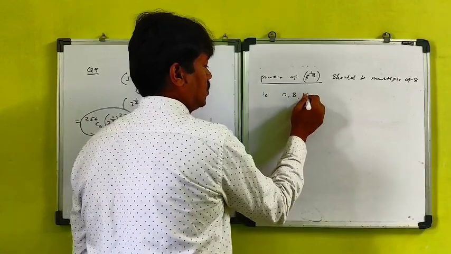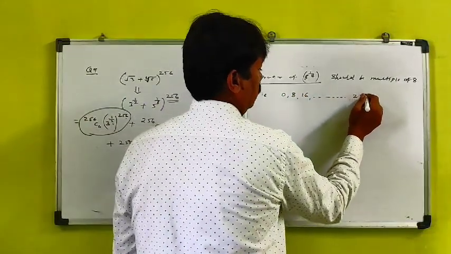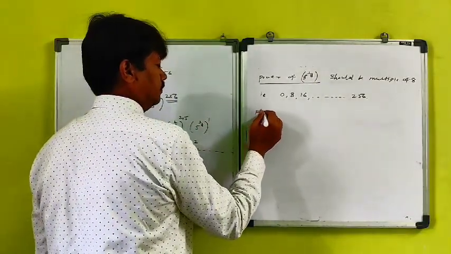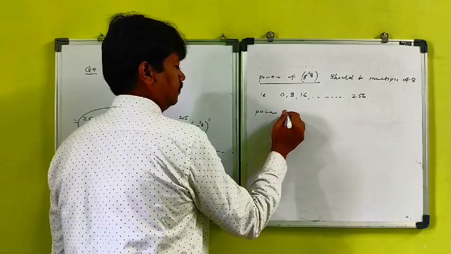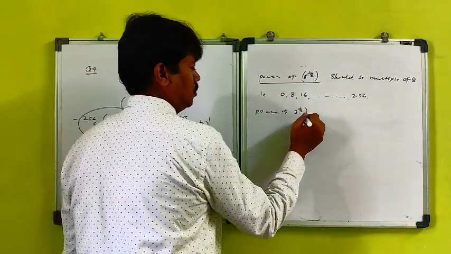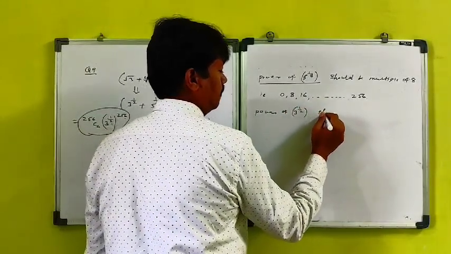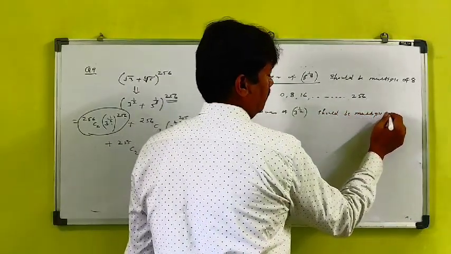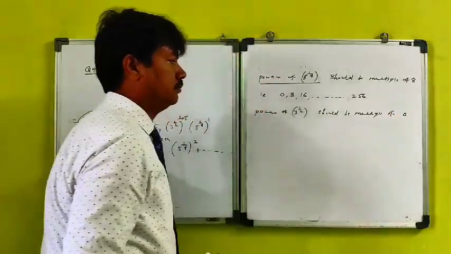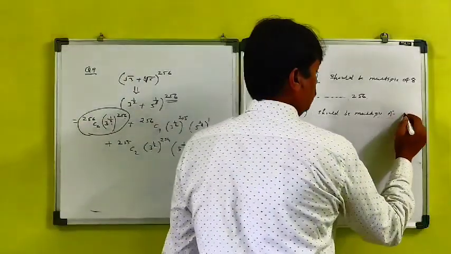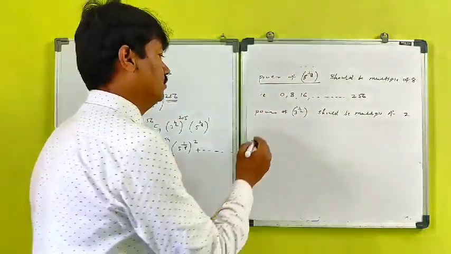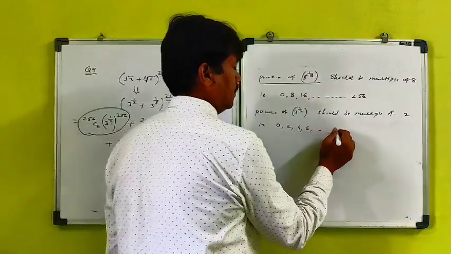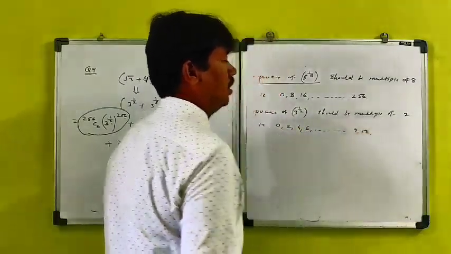That is 0, 8, 16 and up to 256. And the power of 3 raised to 1 upon 2 should be a multiple of 2. That is 0, 2, 4, 6, up to 256.